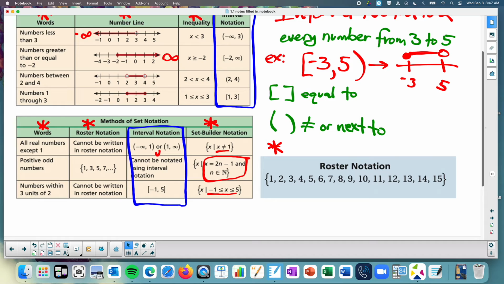Okay, I don't know. Any questions on interval notation? So you guys can kind of see examples of it. Are you okay understanding why this one can't be written as interval notation? Okay, so interval notation has to be between two things. It's a group of numbers.